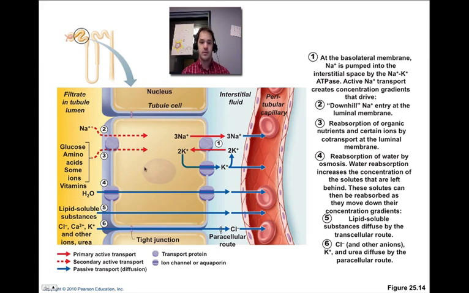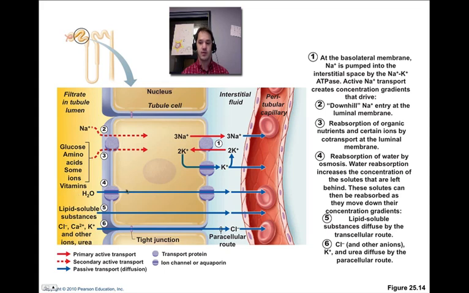Now, this sodium gradient is a pretty good gradient. We've got sodium leaving here, sodium entering here, and because more sodium is being pumped out of the cell, water wants to follow it by osmosis.